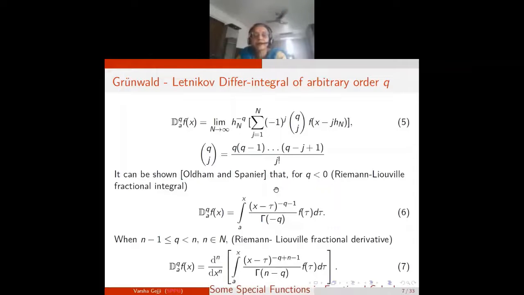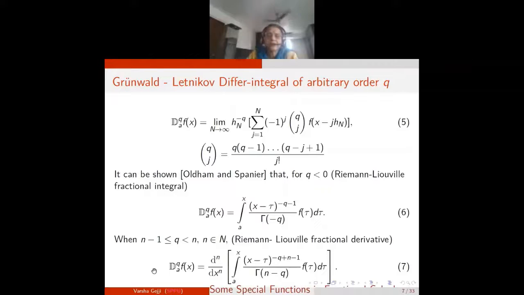So when q is negative, you can show that this integral 5 takes this integral representation, which is our familiar definition of the Riemann-Liouville fractional integral. And when q is positive, so it will lie between two numbers, n minus 1 and n, then you can show that this limit, these proofs are actually given in Oldham and Spanier, and very simple.